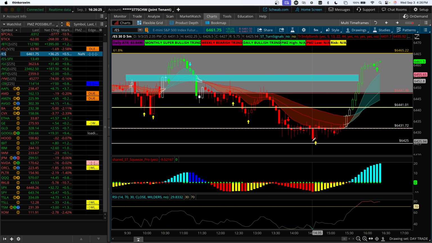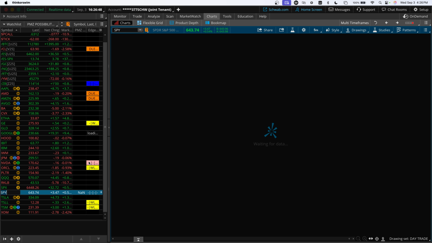The 6425 is where the line in the sand was on the ES, and I was just thinking that more than likely price would bounce from there, as that is an important level on my chart. So I went ahead and exited my SPY puts when the ES came down into the line in the sand.